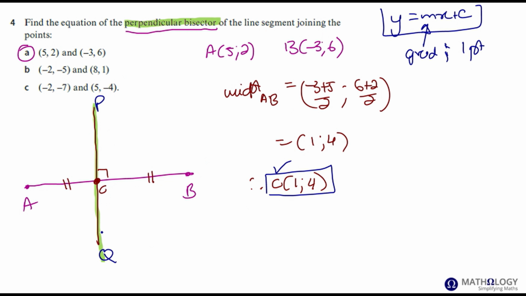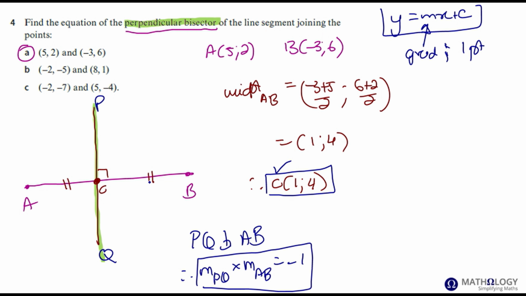Now, because PQ is perpendicular to AB, the gradient of PQ times the gradient of AB equals -1, the condition for perpendicular lines. The gradient of AB we need to determine.